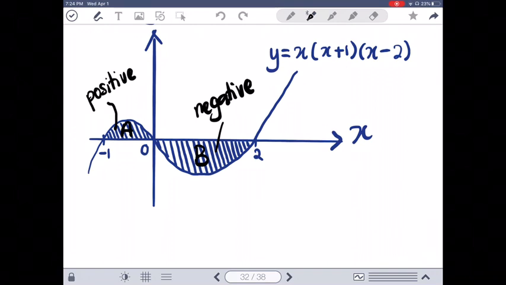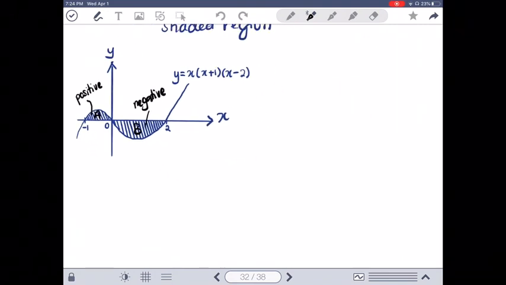So once we have the areas, one area is positive and the other is negative, we have to do it separately, and only then do we add both areas.